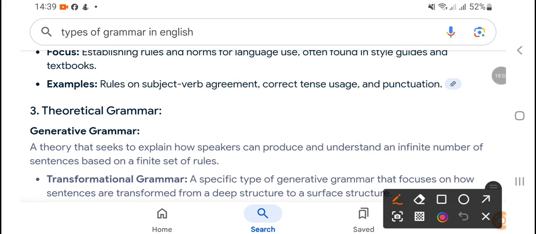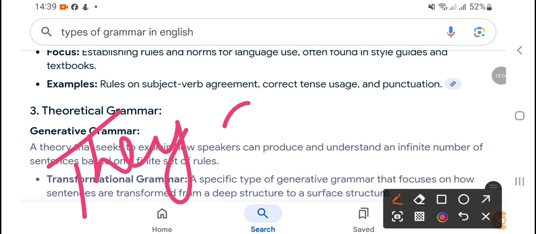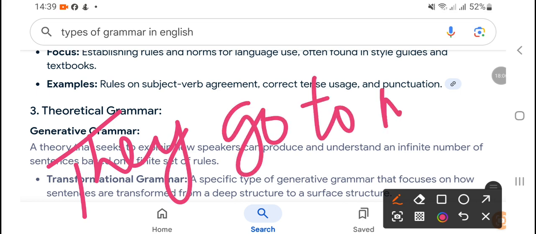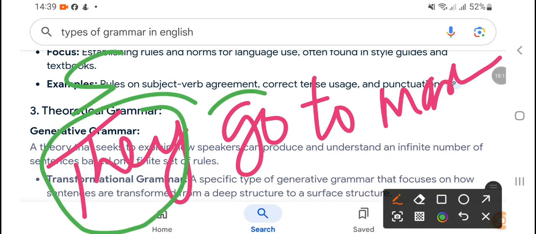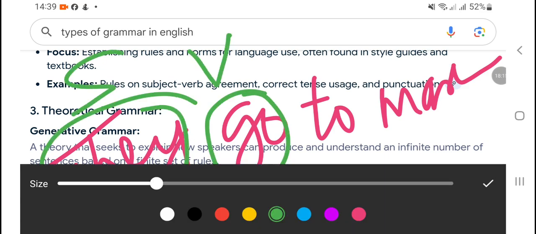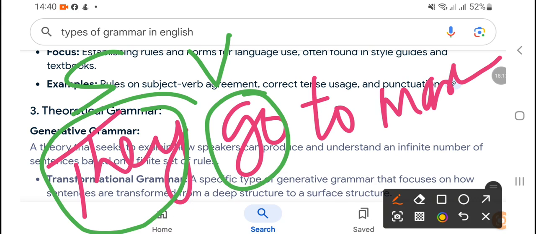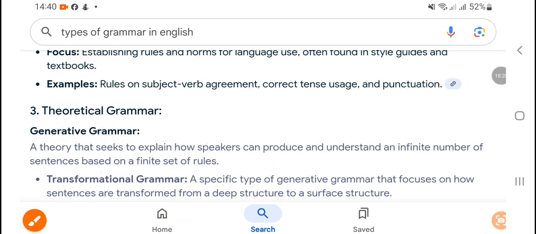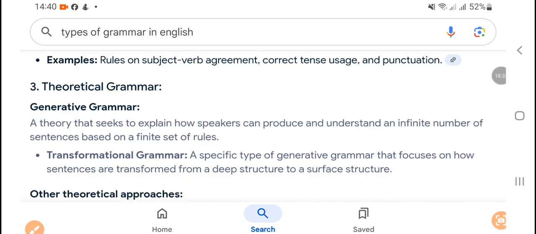Last example, if I say they go to market, here they is the subject and go is the verb. They is plural, and go is also plural. So that is called subject verb agreement, which is very important in prescriptive grammar.